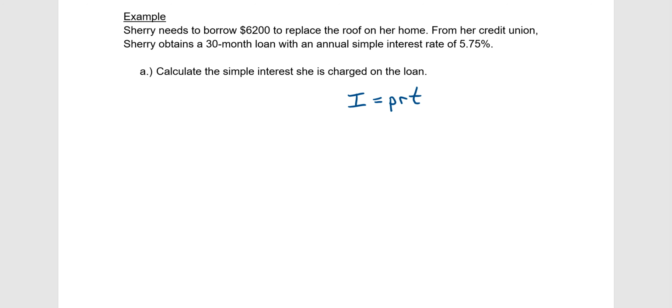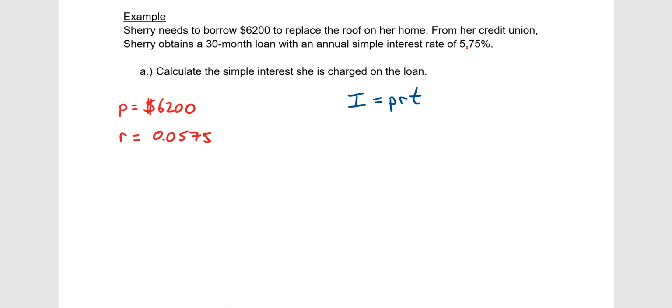And let's write down our givens on the side here. P is the principal. That's going to be $6,200. That's the amount that is borrowed. R is the interest rate as a decimal. So as a decimal, 5.75% is 0.0575.